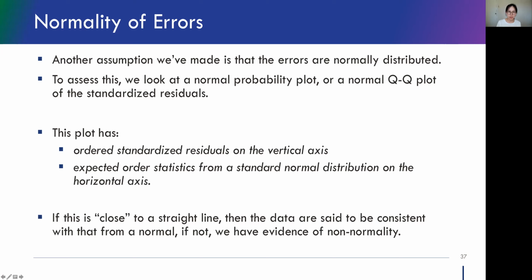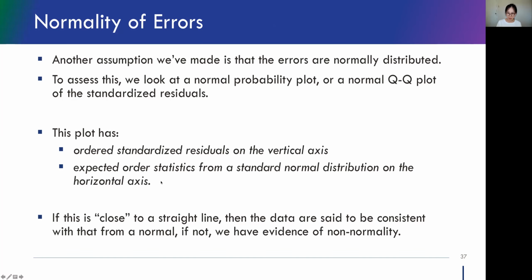To assess this, we look at a normal probability plot, or a normal QQ plot, of the standardized residuals. This plot has ordered standardized residuals on the vertical axis, and expected order statistics from a standard normal distribution on the horizontal axis.